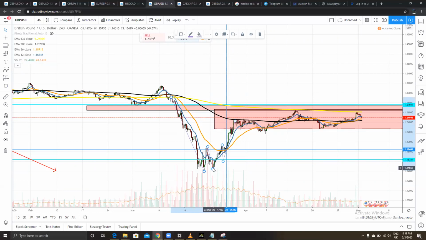This move over here at the back of a huge longer term low is very significant. This move is an identification of the failure to continue to go in the direction of the longer term down auction, okay?